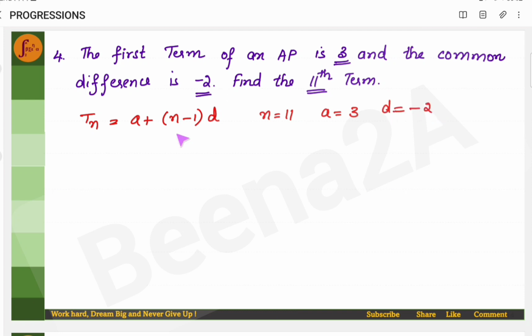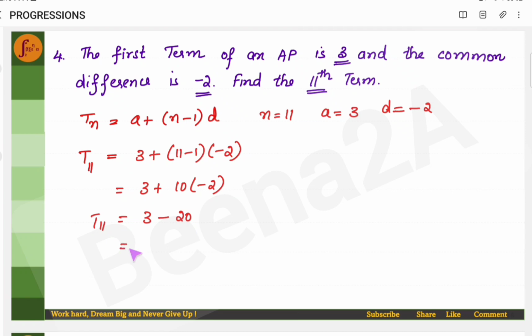Now we will substitute. a is 3, n is 11, 11 minus 1, and d is minus 2. So 3 plus 10 into minus 2, which is 3 minus 20, which is minus 17. So the 11th term is minus 17.